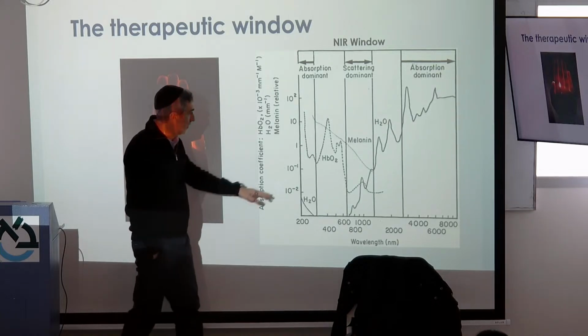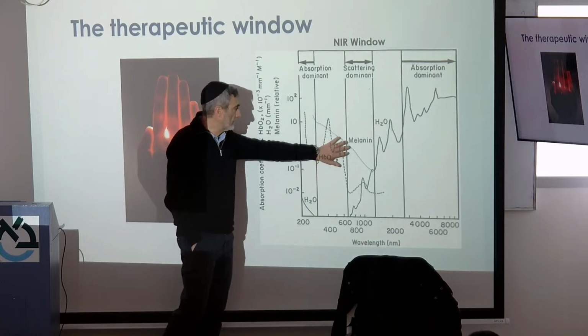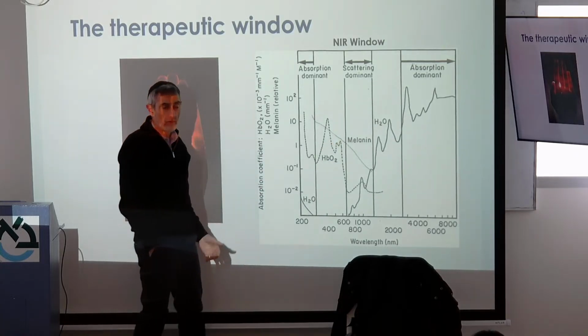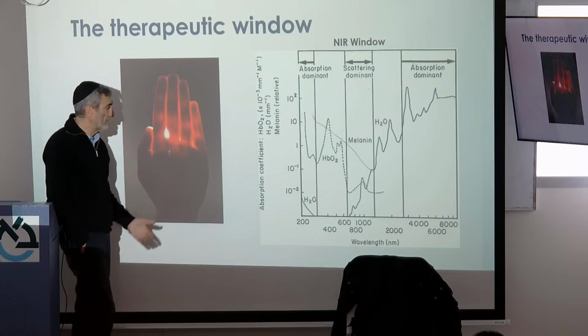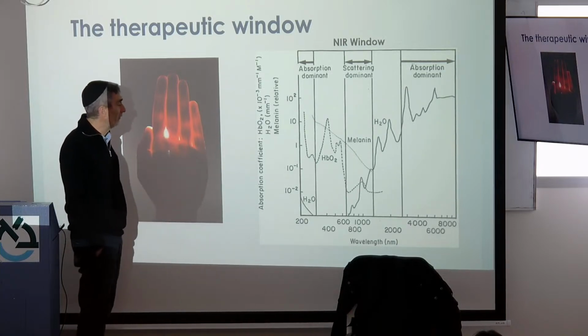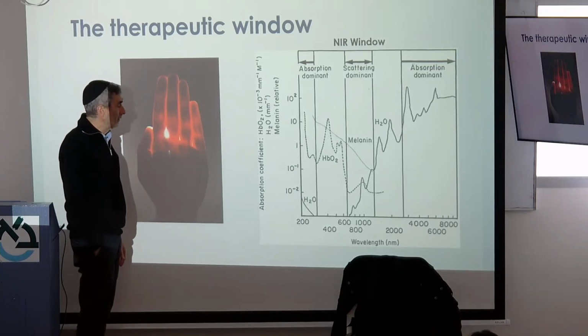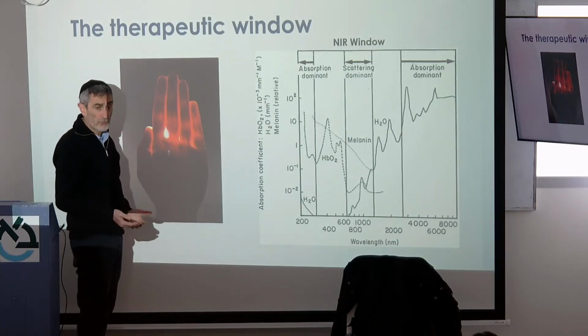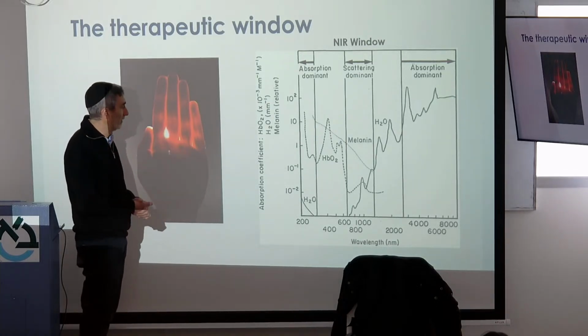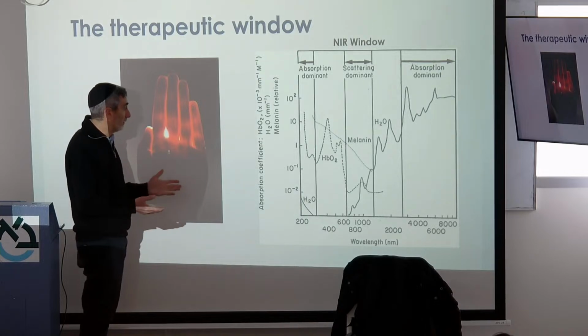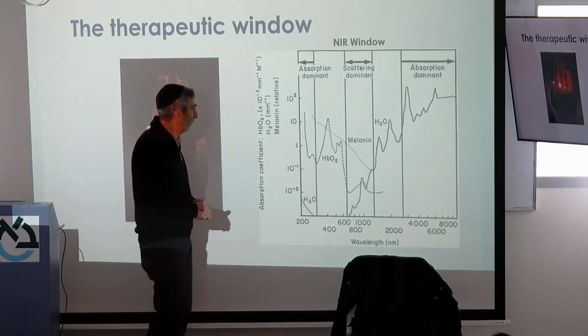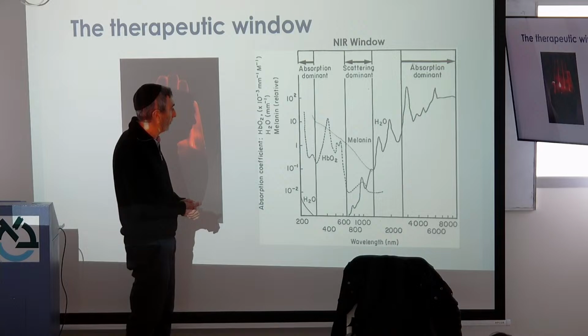You have hemoglobin. The skin also gives you melanin. There are many more components, but those have a spectrum of absorption. That's what is represented here, and depending on the size, they may also scatter. Essentially here we are talking about absorption.